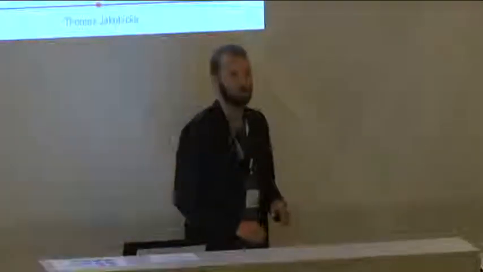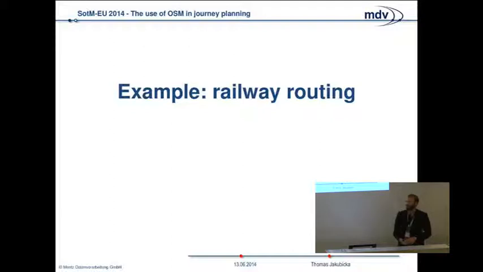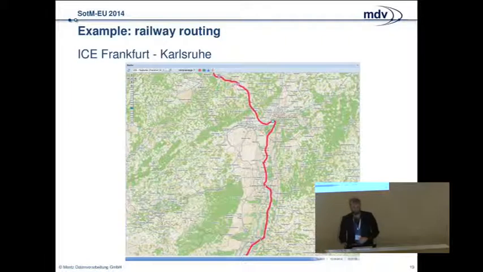So let's move maybe to the example. I want to show you how things work, what we do, and also some of the issues we are facing and the problems. I chose railway routing because this is pretty straightforward, you would think, and actually it really works.